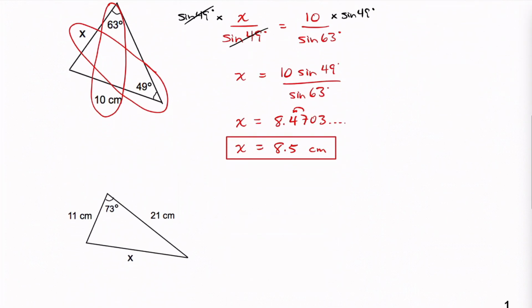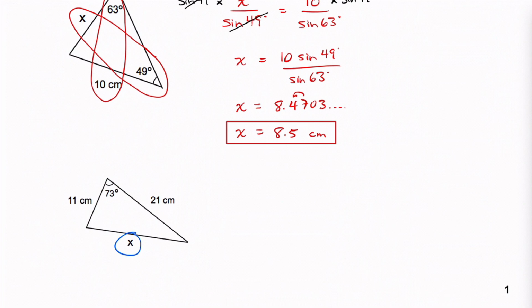Then we're on to this next one, and we're finding that side x. Here I've got a side, an angle, and then a side. That side, angle, side scenario told us that we needed to use the cosine law.